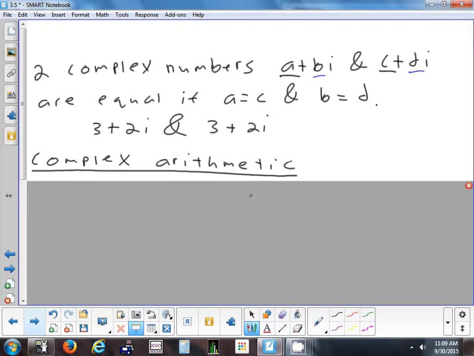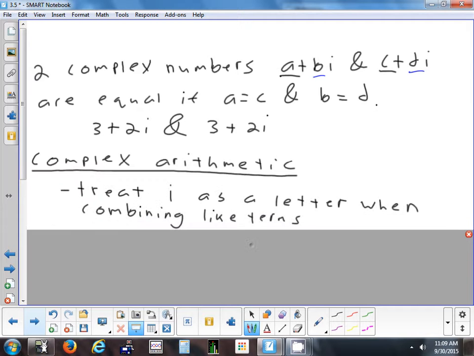We'll look at a few quick rules for arithmetic, mainly how we add, subtract, multiply, and divide. And then we'll start to get into how we find roots with complex numbers. A couple things that'll be helpful: treat i like a letter when you're combining like terms.